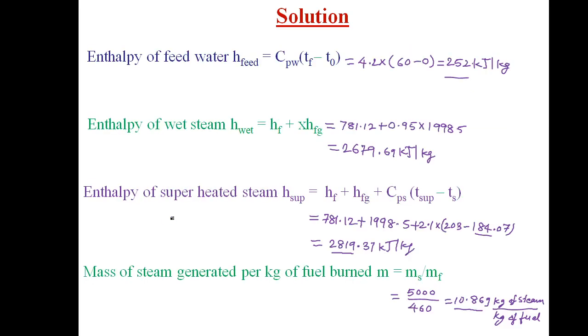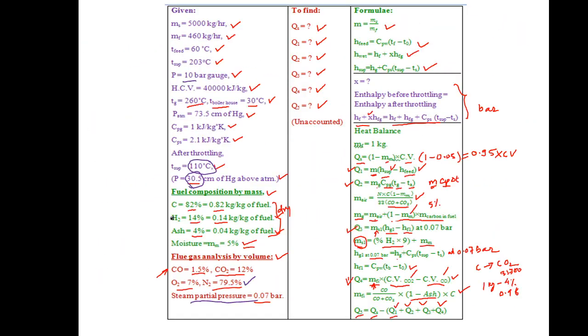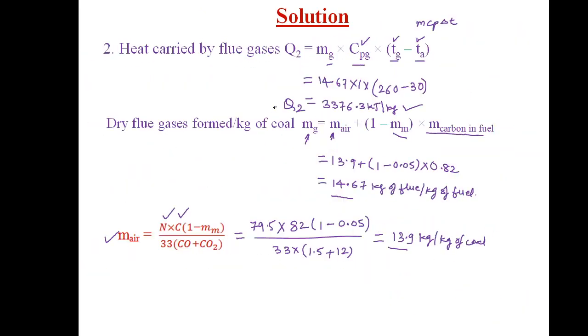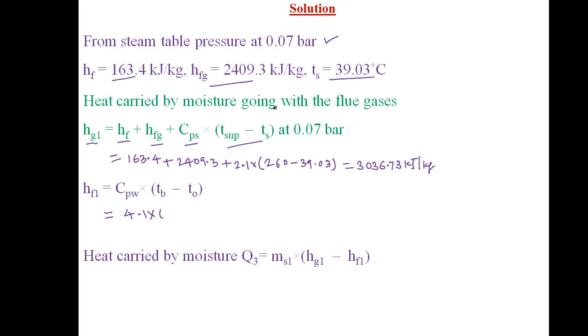The boiler house temperature is 30 degrees Celsius. Minus 0, so this works out to be 0.312, 123 kilojoules per kg.